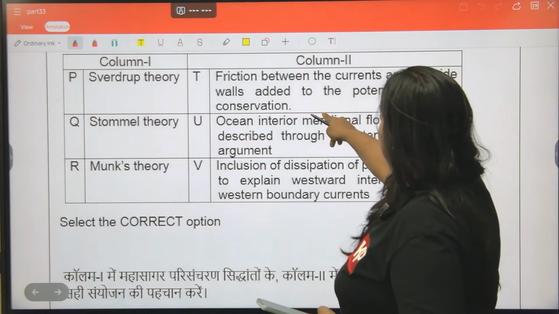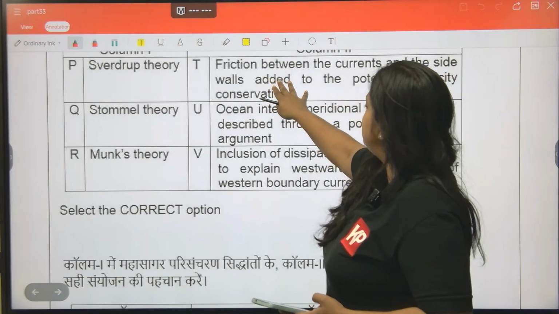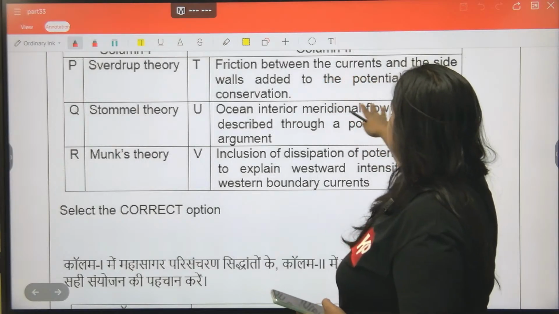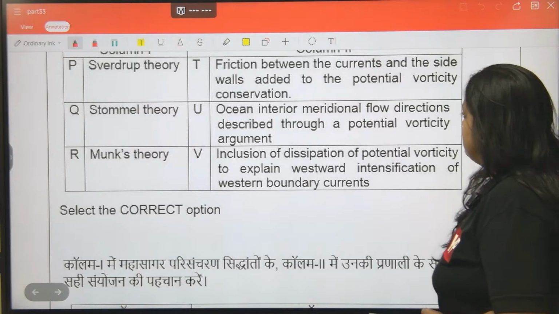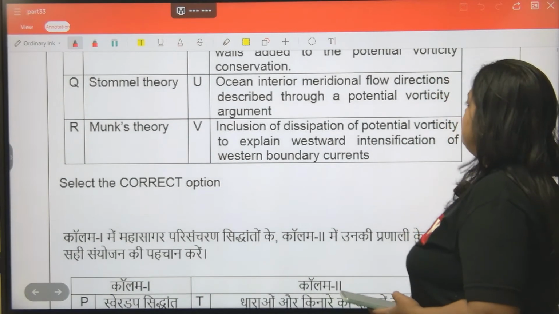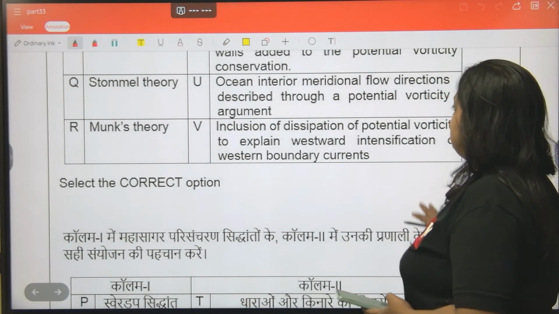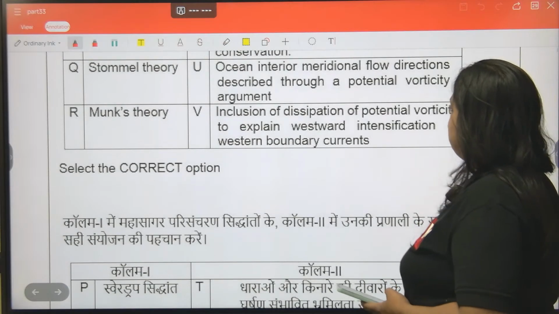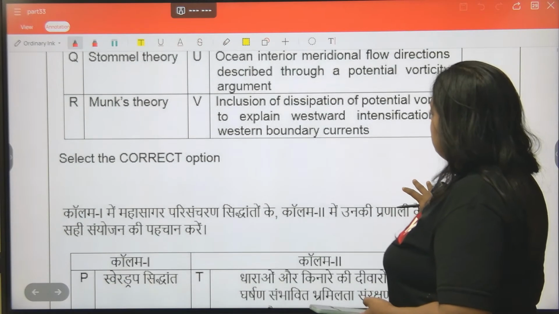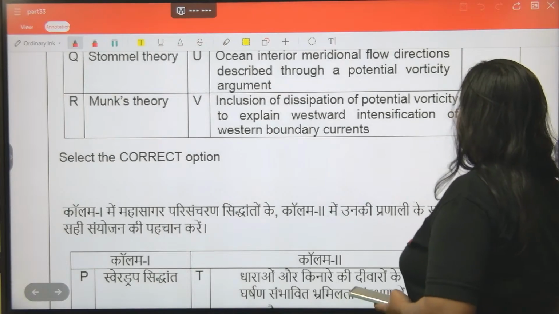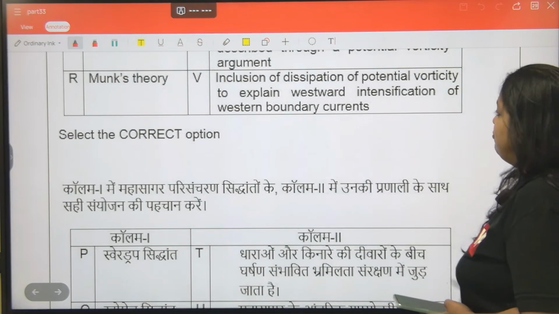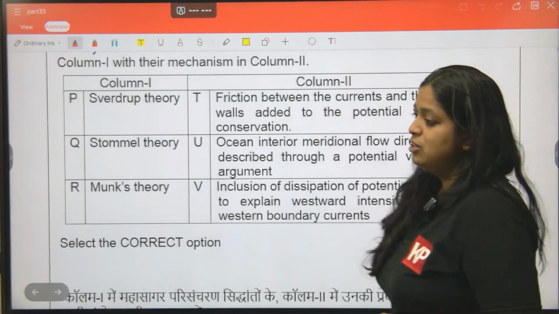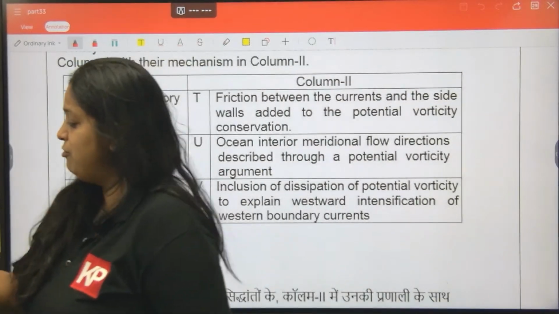They have defined column 2 as: friction between the currents and the side walls added to the potential vorticity conservation; ocean interior meridional flow directions described through a potential vorticity argument; inclusion of dissipation of potential vorticity to explain westward intensification of western boundary currents. So these are the options that you have to keep in mind.